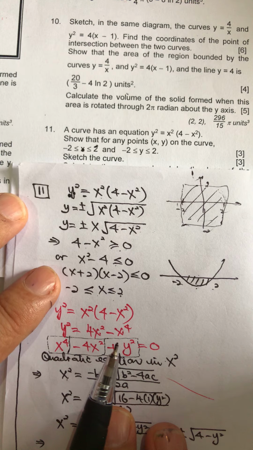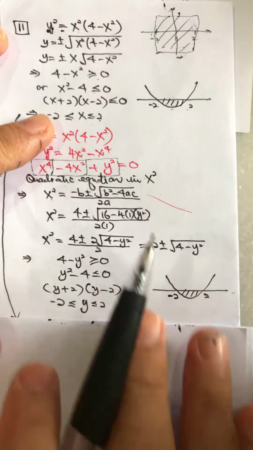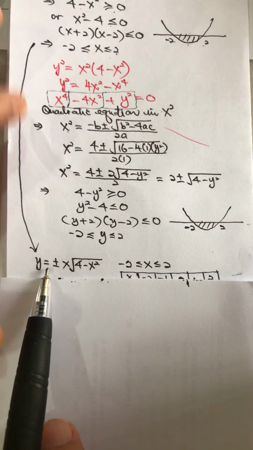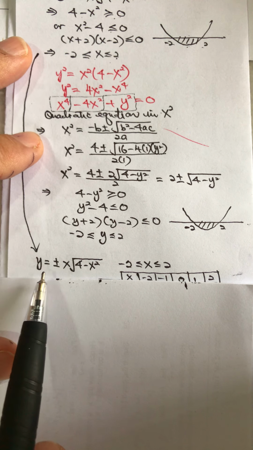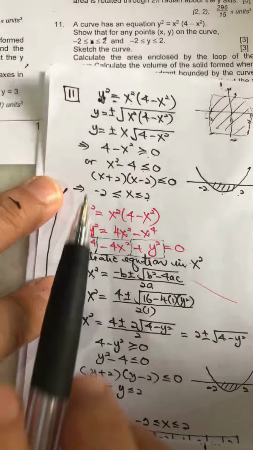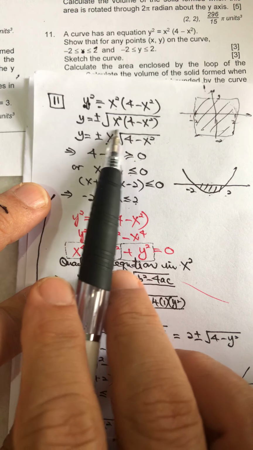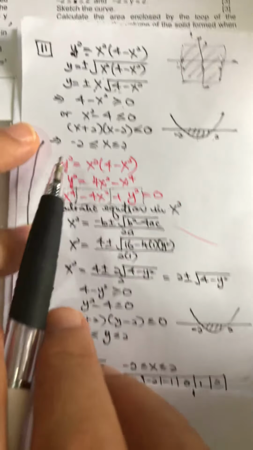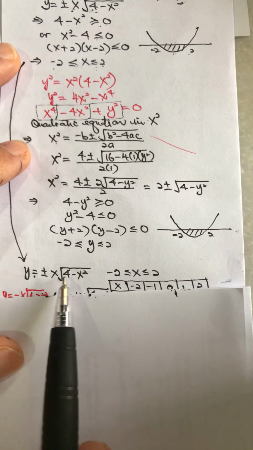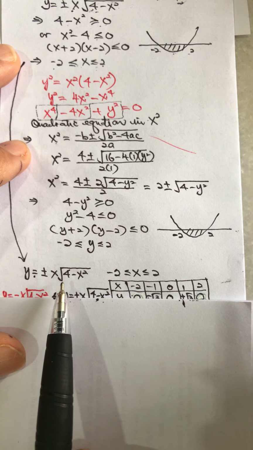Okay, next you come to this. Then you are asked to sketch the curve. Of course, here I will show you two methods. This is the first method. I know y is plus minus x square root of (4 minus x squared), isn't it? And then I know that the domain is from -2 to 2. I told you already last time, I give you the 5 tables.